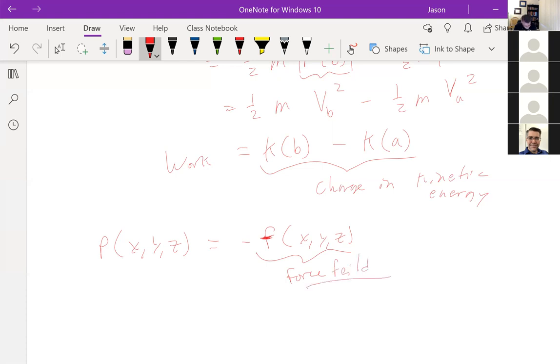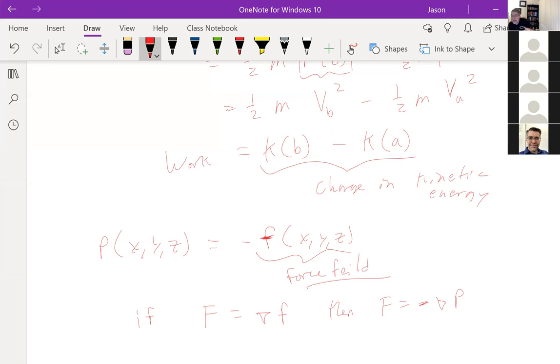So if F is equal to the gradient of little f, then big F is equal to negative the gradient of P. I'm just saying there exists an F such that P is just the opposite of F.